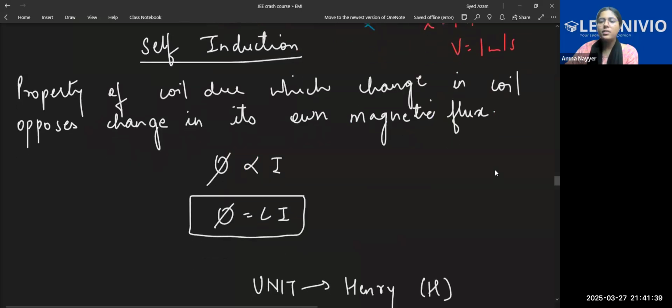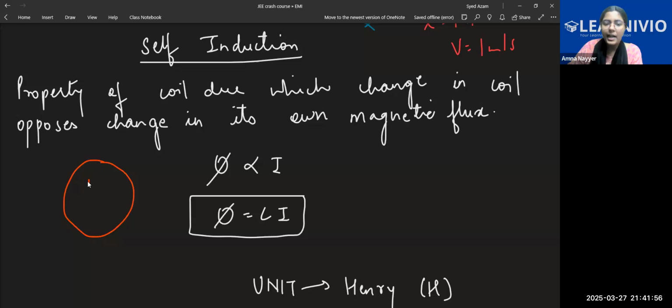Self-induction is what? We studied what electromagnetic induction basically is. Whenever the magnetic field changes, there is a change in the magnetic flux due to which we have the induced EMF. So when I have a single coil and the magnetic field of this coil is increasing or decreasing, the flux of this coil will change and EMF will be induced within this coil only.